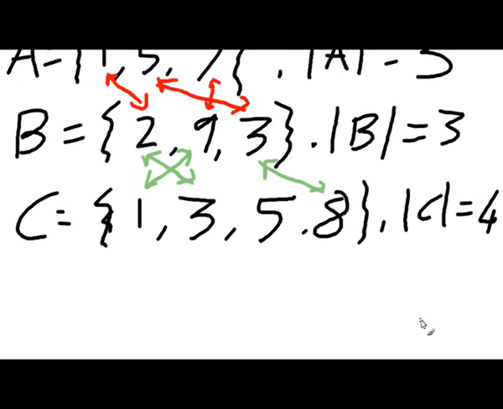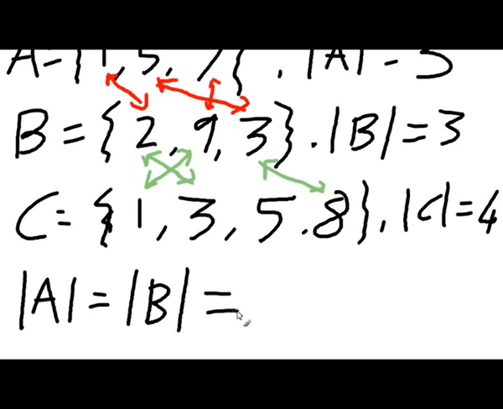So let me write this down here. The cardinality of A equals cardinality of B, which is not equal to the cardinality of set C. And the way we did it using one-to-one correspondence is that we could establish a one-to-one correspondence between the elements of set A and B, but we failed to do that between elements of set B and C.